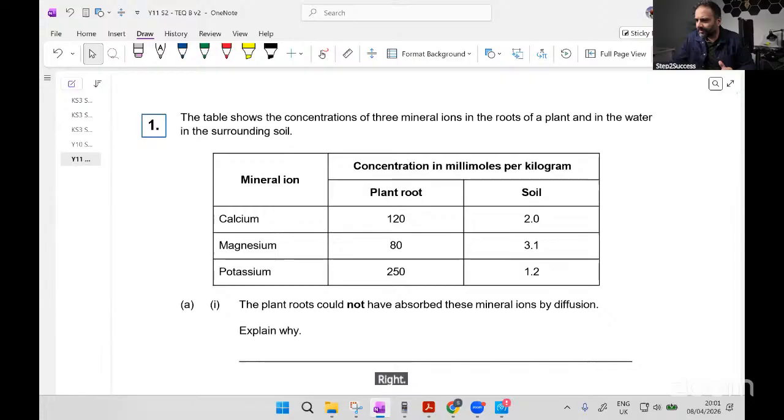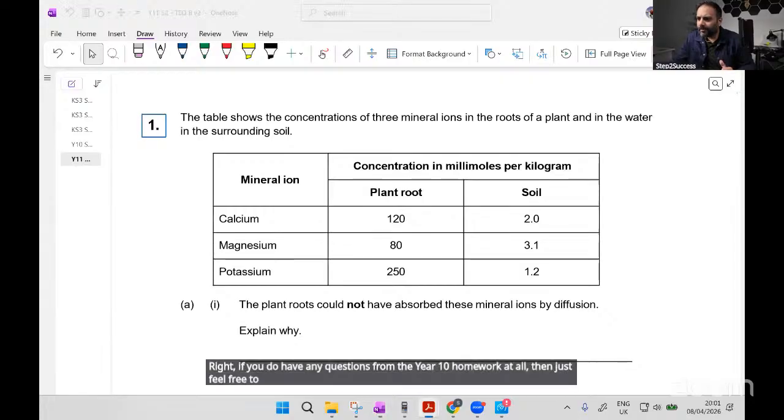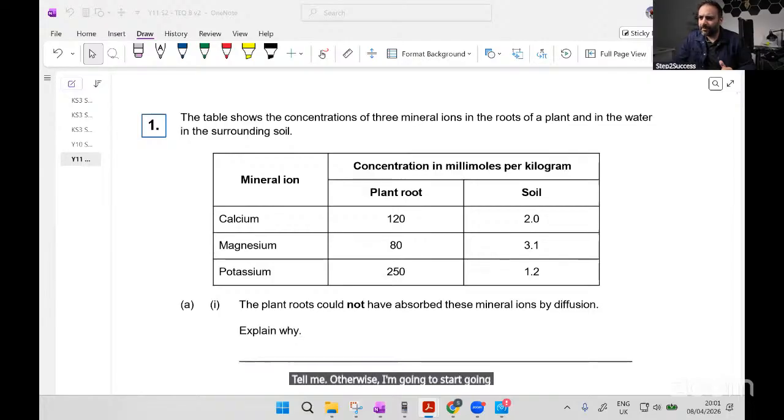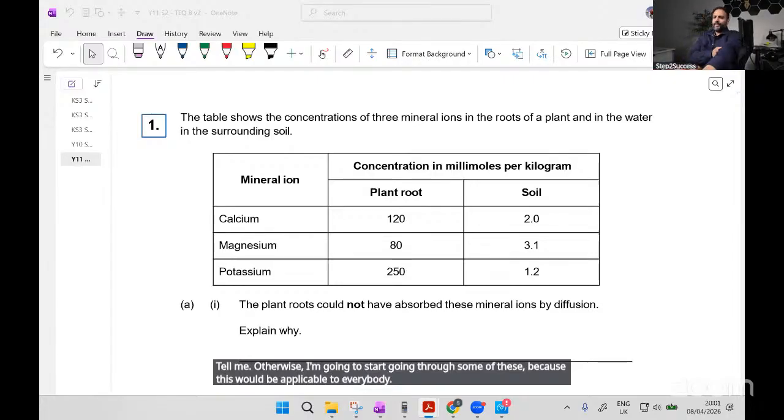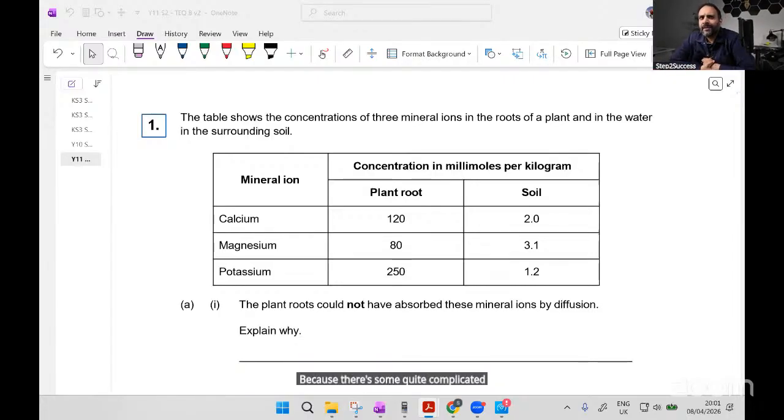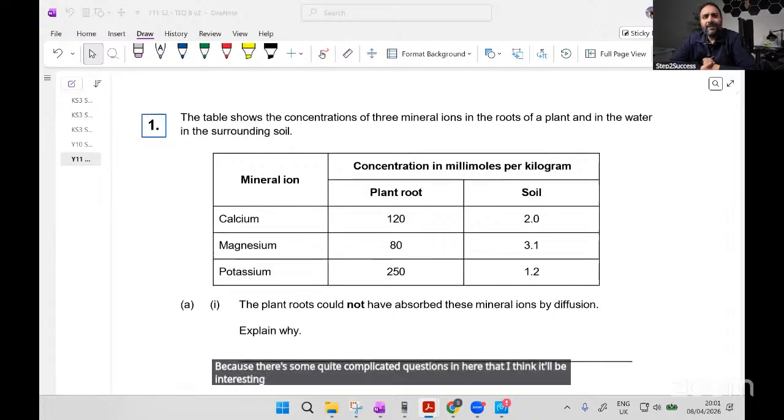If you do have any questions from the year 10 homework at all, then just feel free to tell me. Otherwise, I'm going to start going through some of these because this will be applicable to everybody. Because there's some quite complicated questions in here that I think would be interesting for me to do.